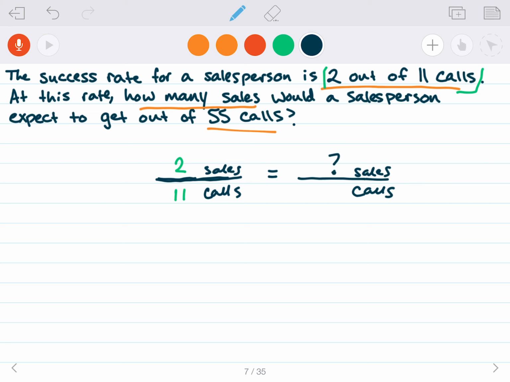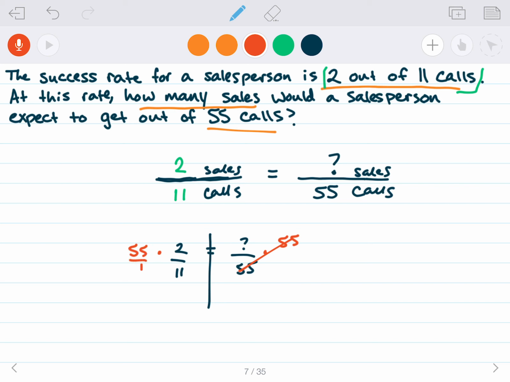How many sales would a salesperson expect to get with 55 calls? So the 55 is going to go on bottom. Now I'm going to get rid of the units and just put 2 over 11 equals question mark over 55. Right away, since the question mark is on top on the right side, I can just knock this out in one swift movement by multiplying both sides by 55 to get rid of that division by 55.